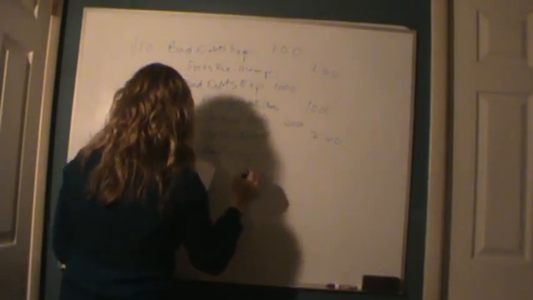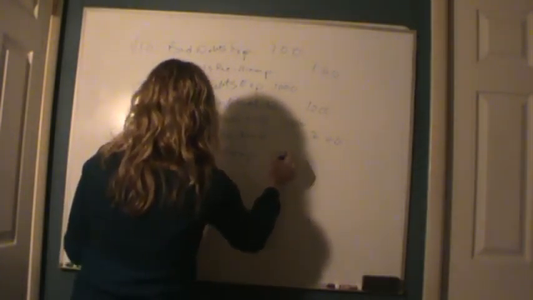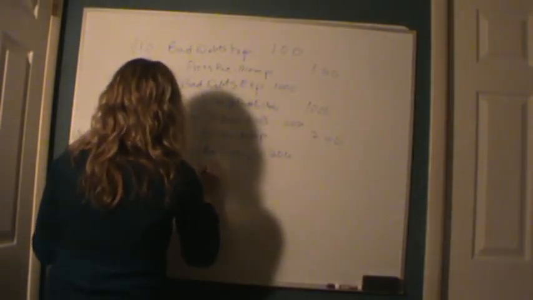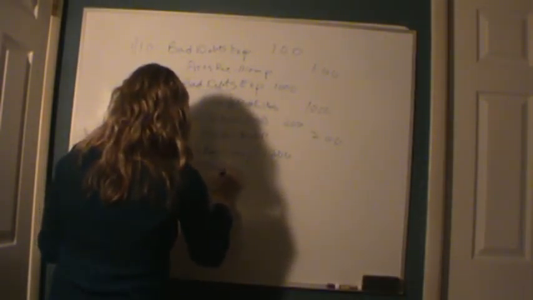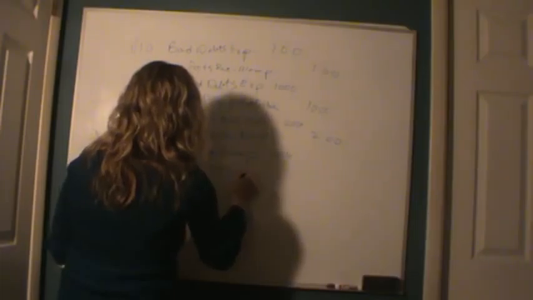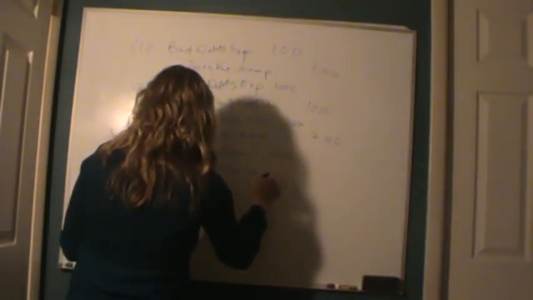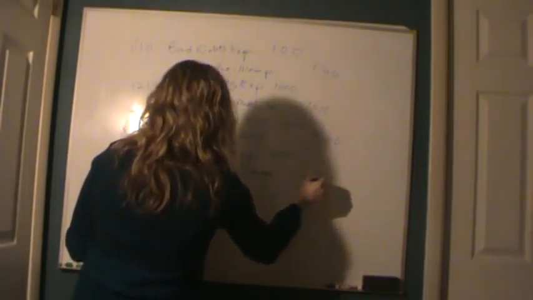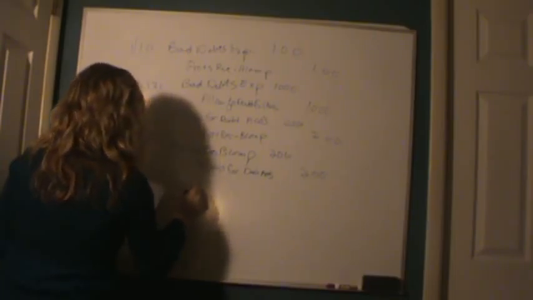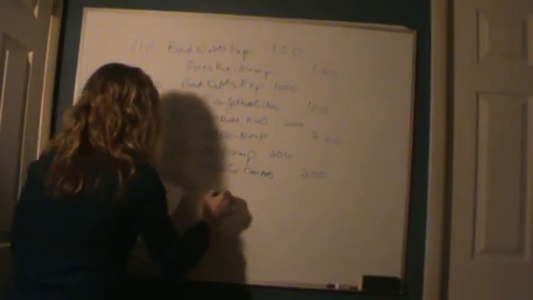So go ahead and debit accounts receivable for B Company for the 200. Go back and credit allowance for doubtful accounts for the 200. And now what we're going to do is debit cash. We got $200, didn't we?